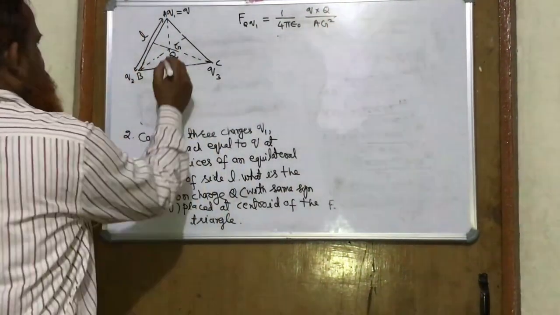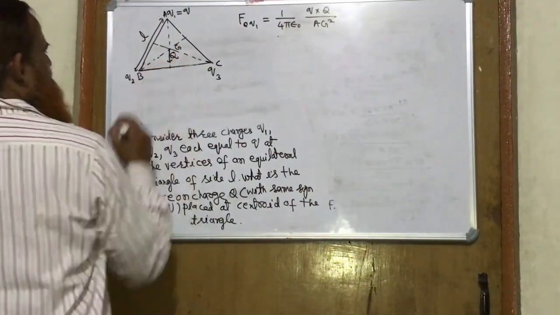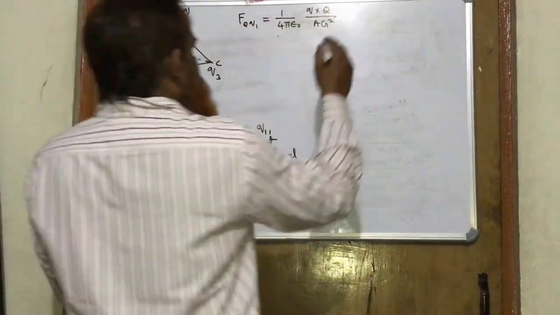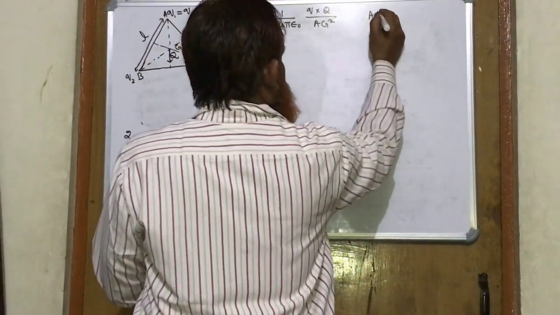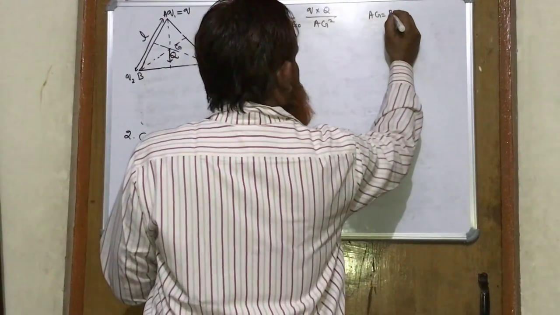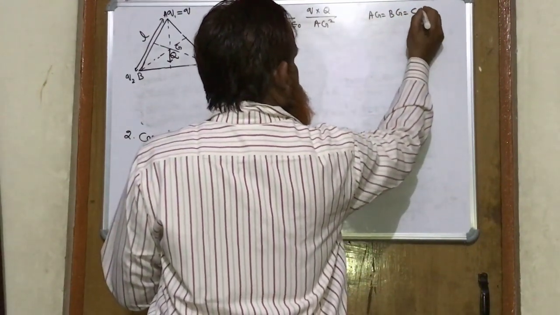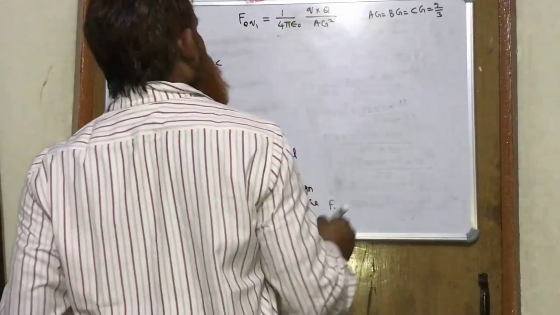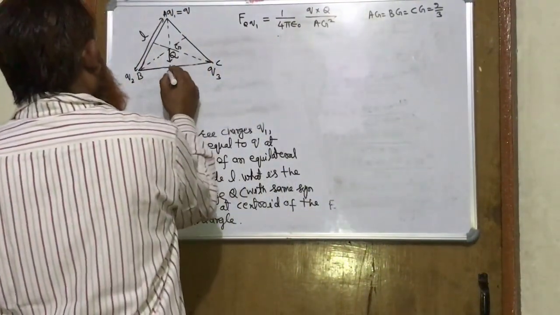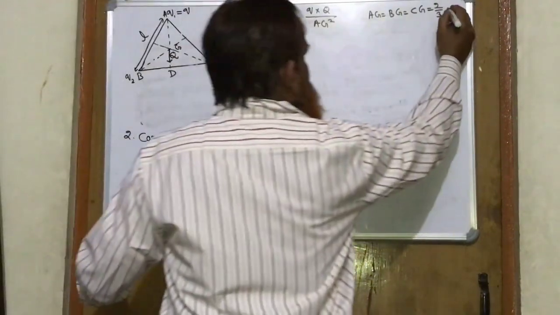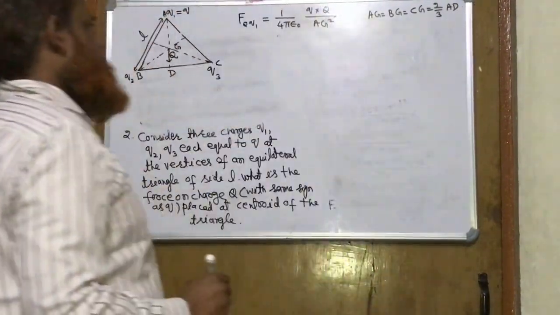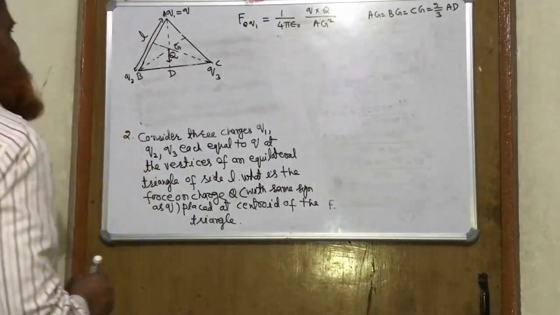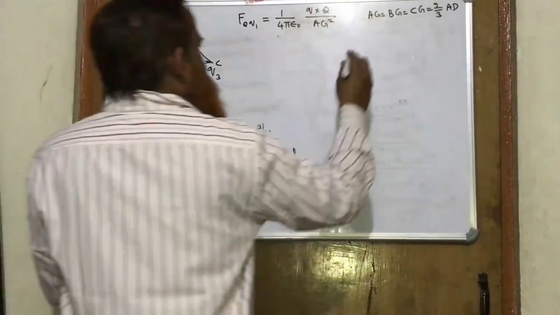And the direction is away from Q1. So you can find AG. AG is equal to BG is equal to CG, which is 2 by 3rd of any median. Suppose we write AD, 2 by 3 of AD. If you can find AD and then 2 by 3rd of that, then we can find AG, BG and CG.